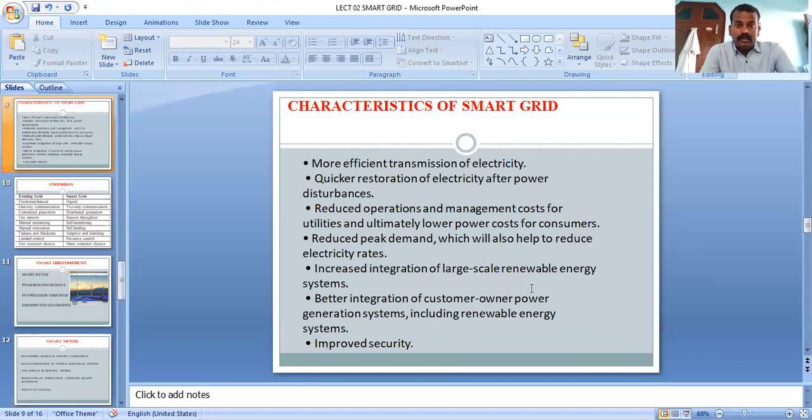Now the characteristics. This is from the exam point of view. This is most important. You have to remember all these points.